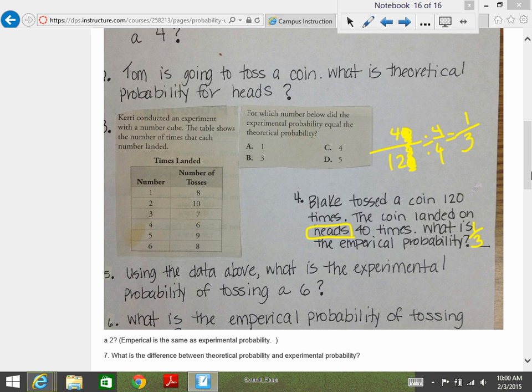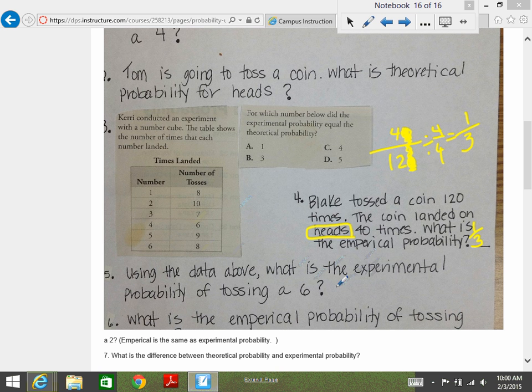Okay? Hope you're correcting your study guide as we go along. All right, number 5. Use the data above. So we're using this chart again. What is the experimental probability of tossing a 6?